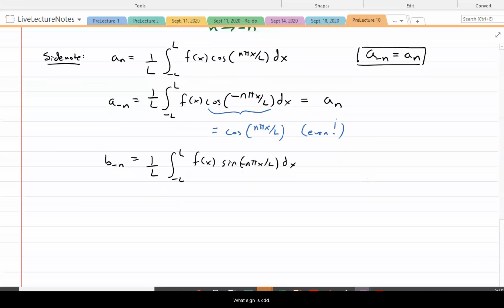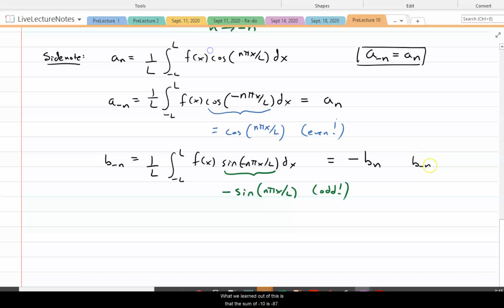But sine is odd, so this is minus sine of n pi x over L. It's odd, right? So there's an extra minus sign that shows up here. So this is minus b sub n. Okay. So what we learned out of this is that b sub minus n is minus b sub n.